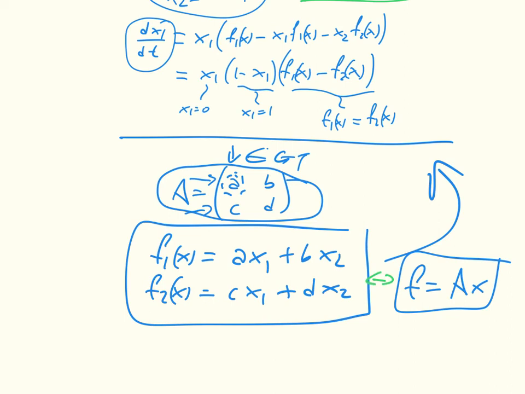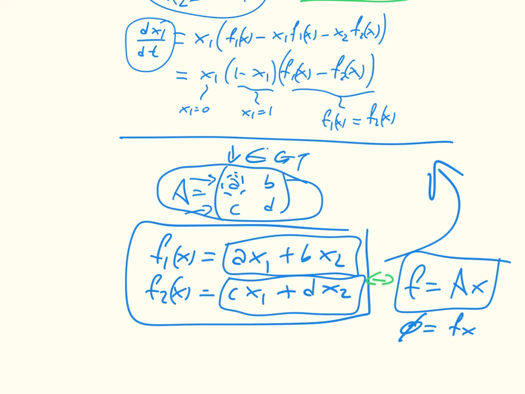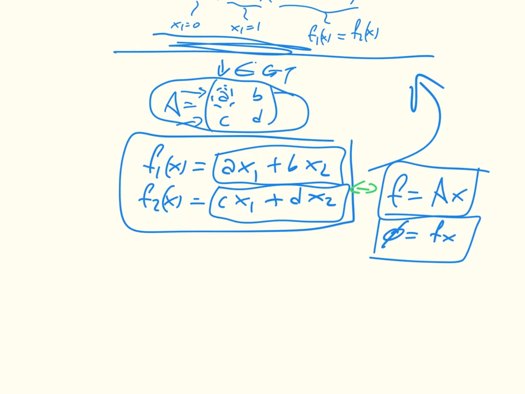And then finally we can also get that phi is equal to, sorry, I don't mean f of x, I mean f times x. If this is f, then we know that phi is just x1 times f1 plus x2 times f2. And so this equation up here can actually be written in matrix form as dx/dt equals x times (f minus phi).